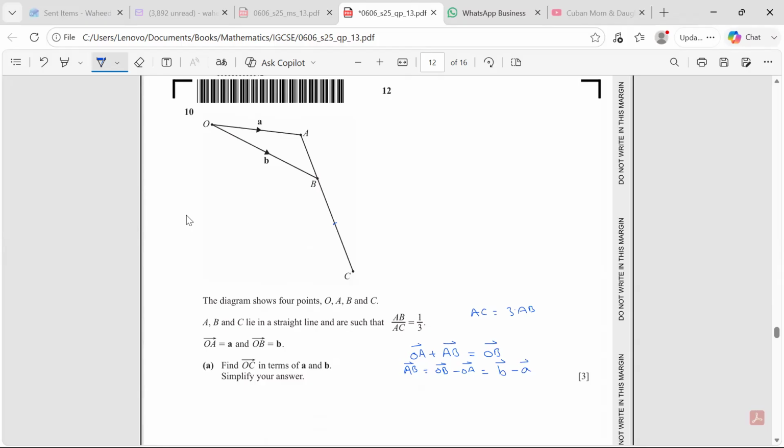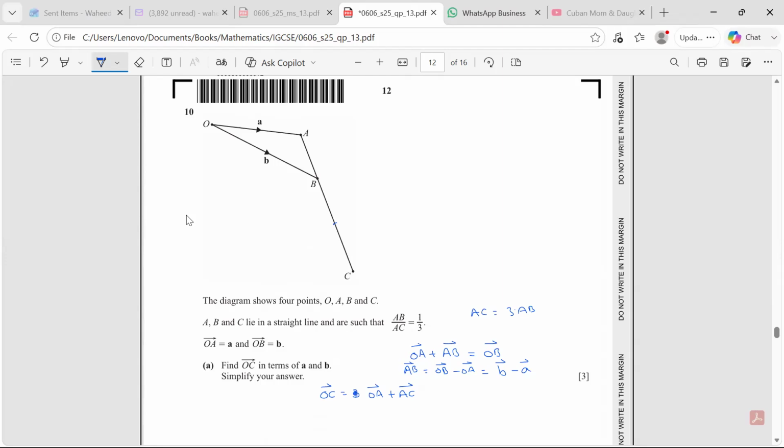Okay, now how about OC? We need to factor OC. So OC is basically OA plus AC, right?